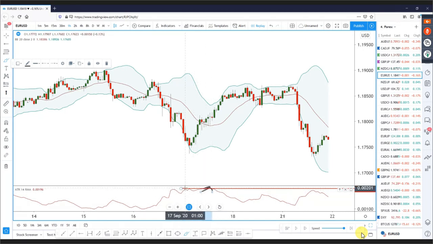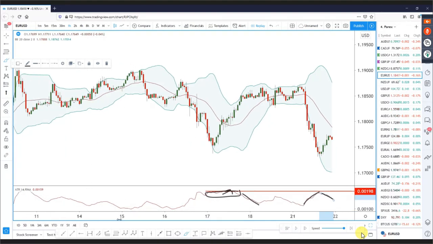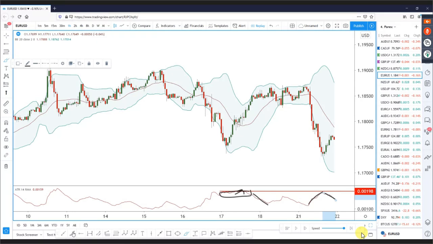So we see when price is so volatile, it reverses. And then when it came close to it, it also loses volatility. But if we're using it to spot the other way, we can also put a line at the bottom.